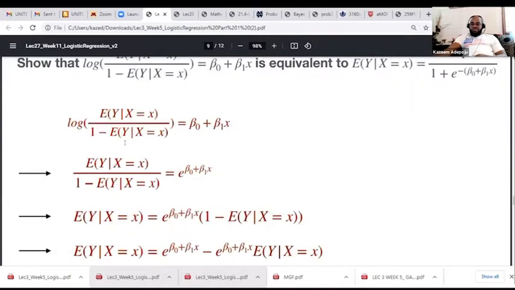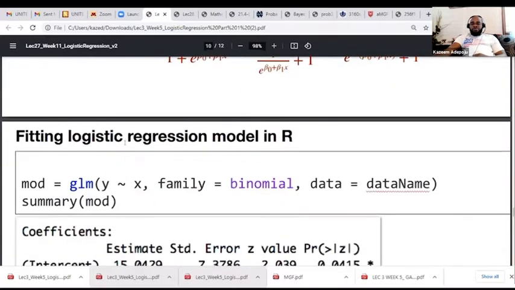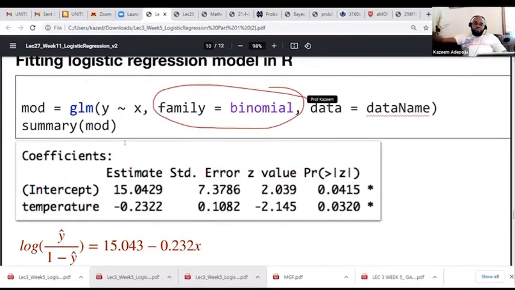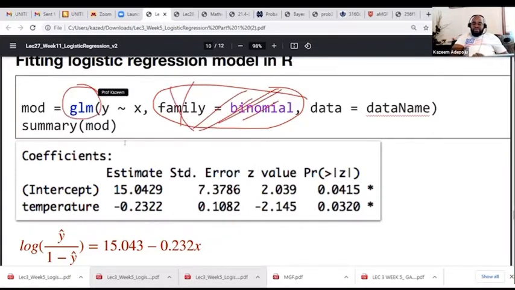In the R code, you're going to write GLM, and when you write GLM, you need to indicate family equal to binomial. If you don't indicate family equal to binomial, let's say you remove this one, even though you put GLM, it's going to give you linear regression results.